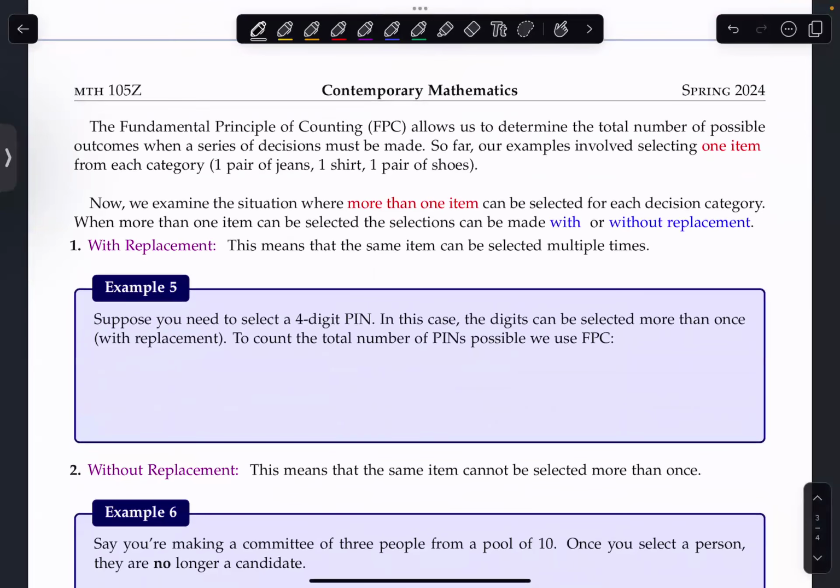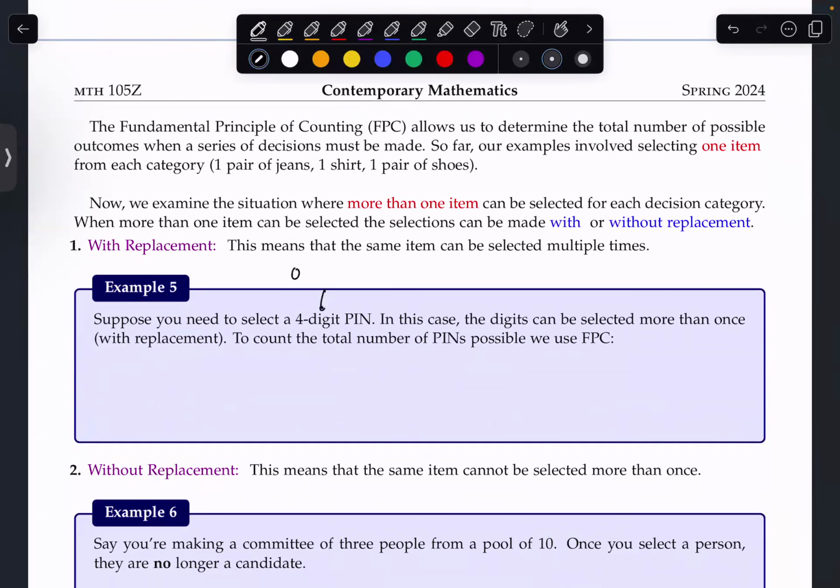So let's look at our example here, where we want to select a 4-digit PIN. Remembering digit means 0 through 9. In this case, the digits can be selected more than once, so we are allowed to replace it. We can have repetition.